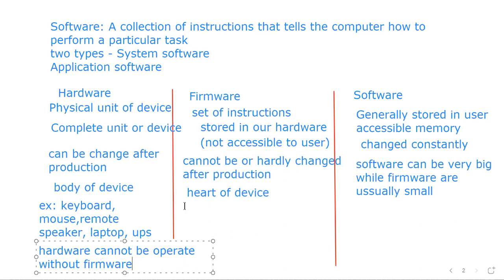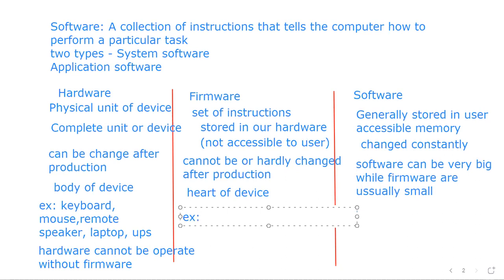Examples of firmware are PC BIOS. BIOS is only appropriate for referring to the startup firmware of the motherboard itself. The word BIOS is only used with the motherboard.